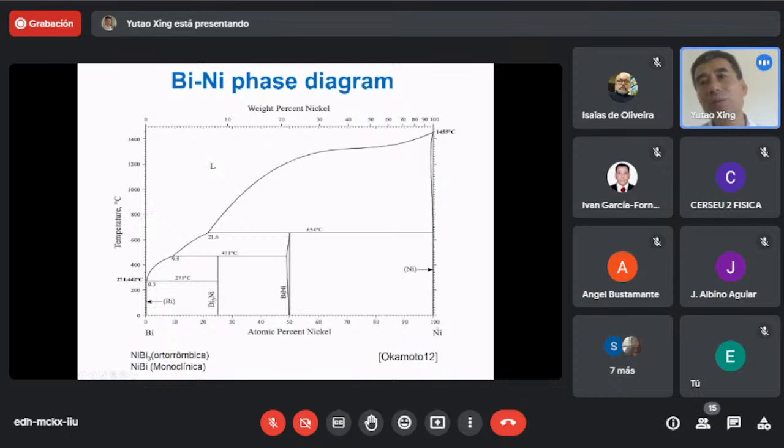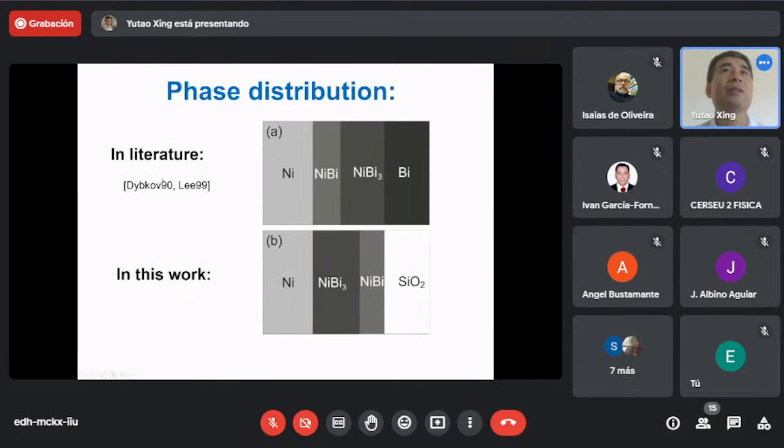And when it goes close to nickel, it has 1 nickel and 1 bismuth. The compound is BiNi. So the order is bismuth, Bi3Ni, BiNi, nickel. The phase distribution in literature is nickel, NiBi, NiBi3, and bismuth.